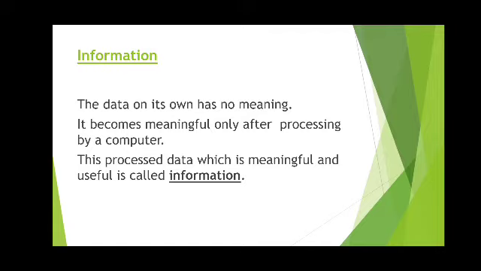This processed data, which is meaningful and useful, is called information. This processed data is kept properly so that we can use it further, so it is called information. It has meaningful things in it. If the data is processed and finally stored in such a way that it has certain meaning, it is called information.